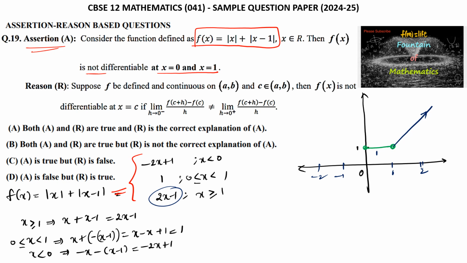So here is the graph 2x minus 1. And here it is 1. So y is equal to 2x minus 1, y is equal to 1. And below 0, we can see negative 2x plus 1. So when x is equal to 0, it is 1. When x is equal to minus 1, it is 3.